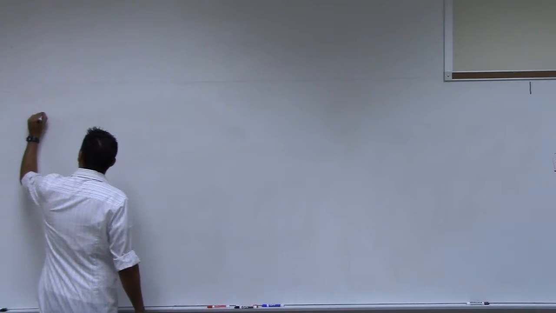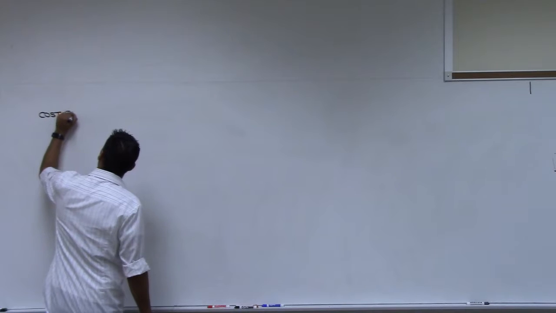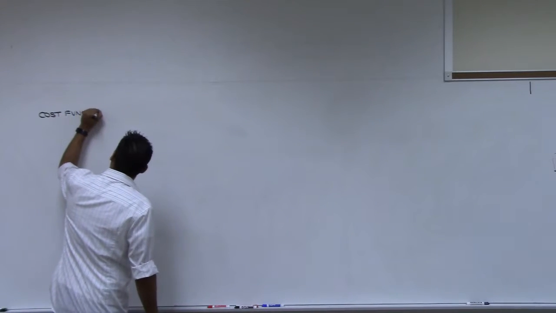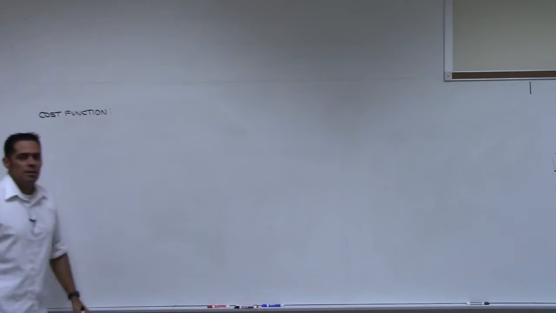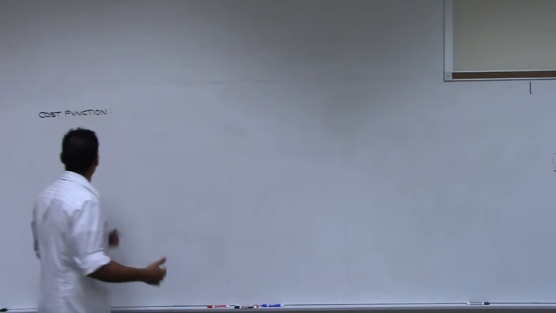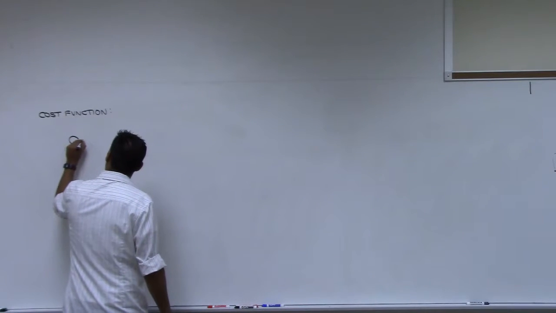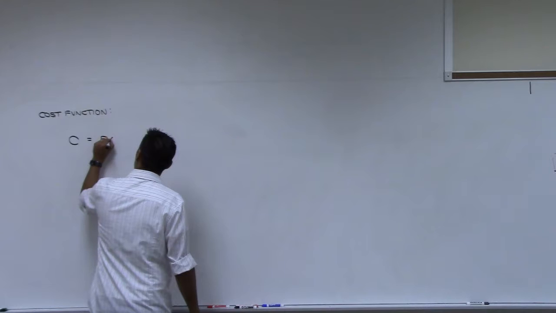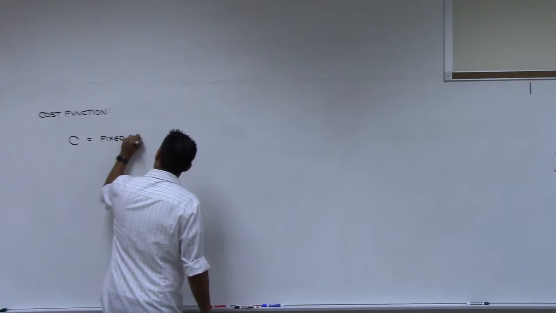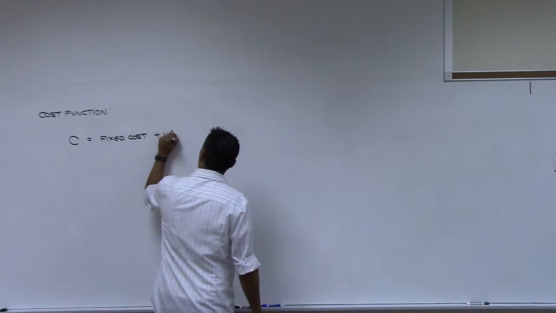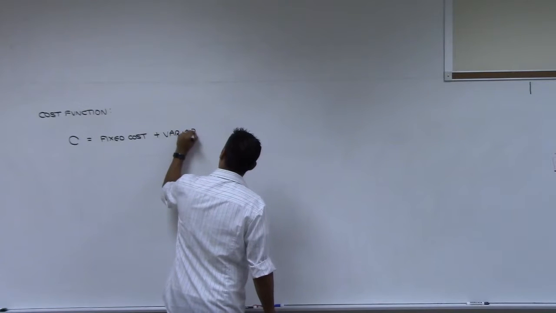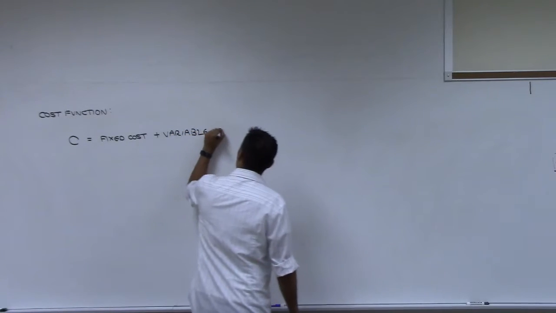So our cost function generally looks like this. Cost is equal to our fixed cost plus what we called our variable cost. Do y'all remember me talking about this?